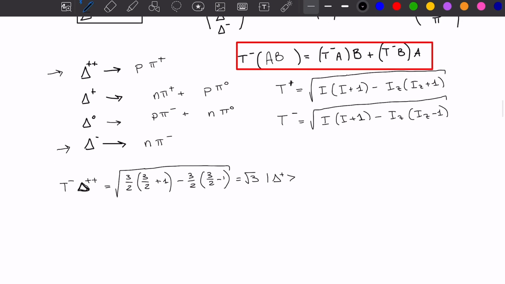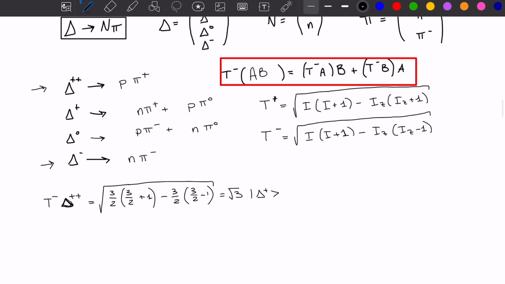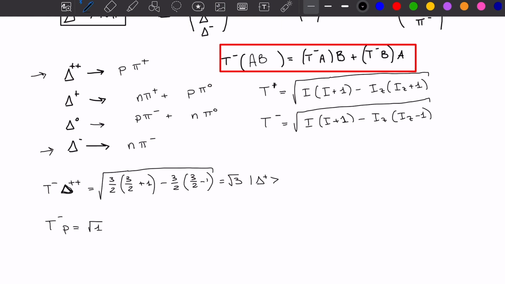So now we need to apply this equation onto our proton and the pion plus. So we're going to firstly apply the ladder operator minus on the proton, which will be root of 1, and this will become n pion plus.